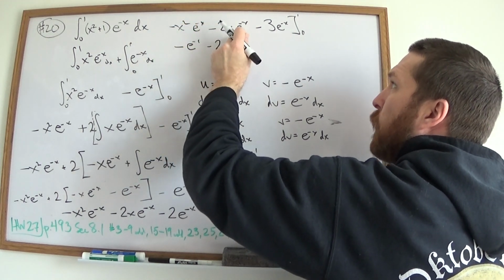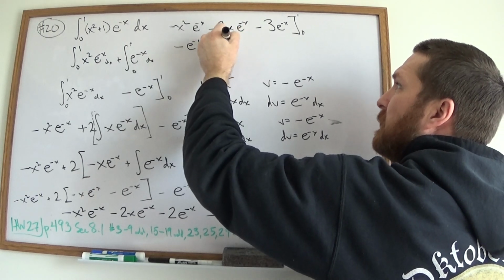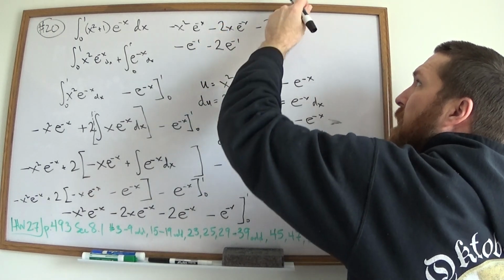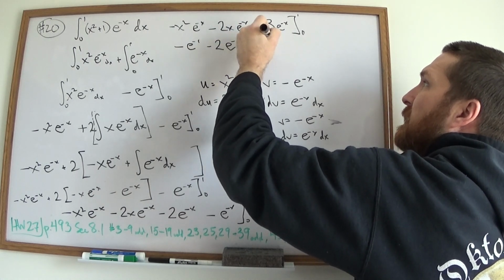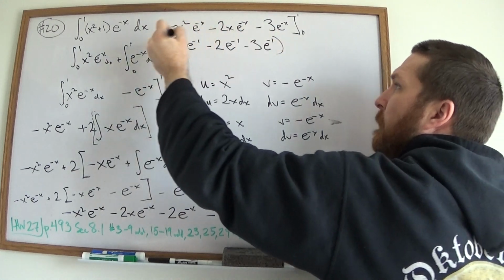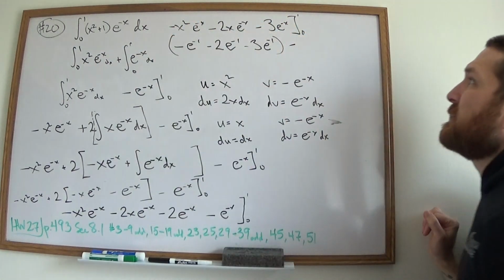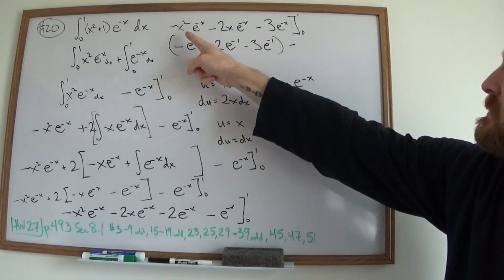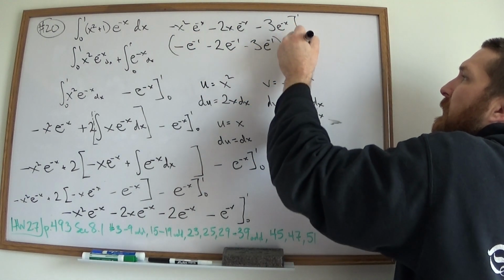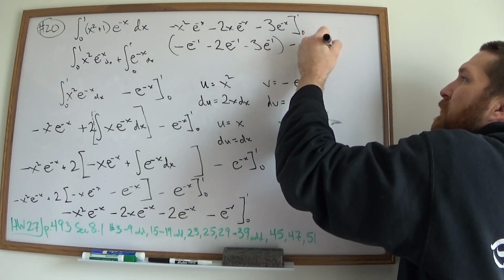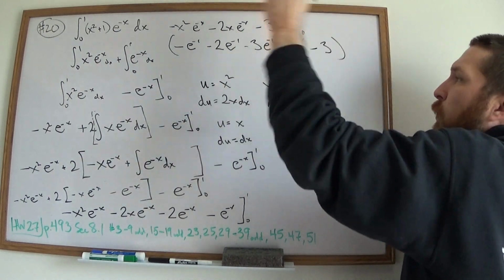minus 2 times 1 times e to the minus 1, minus 3 e to the minus 1, minus, when I plug in a 0, this is nice because the x goes away, and all I'm left with is minus 3. e to the 0 is just a 1.